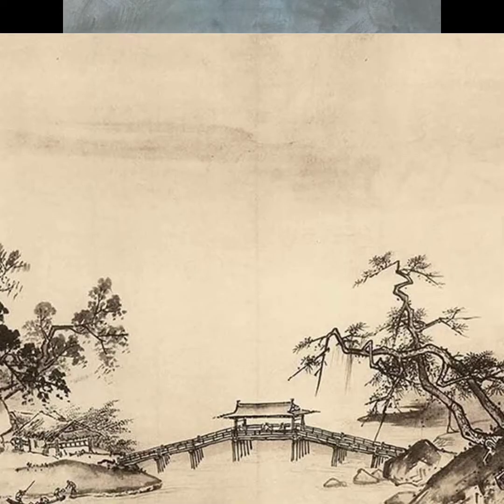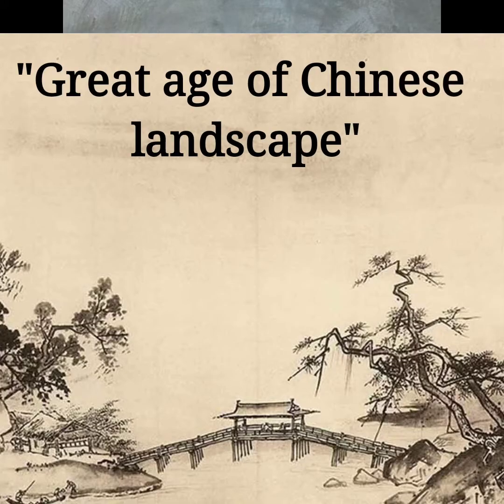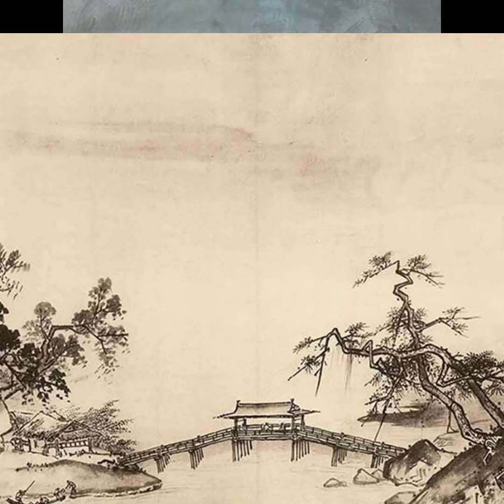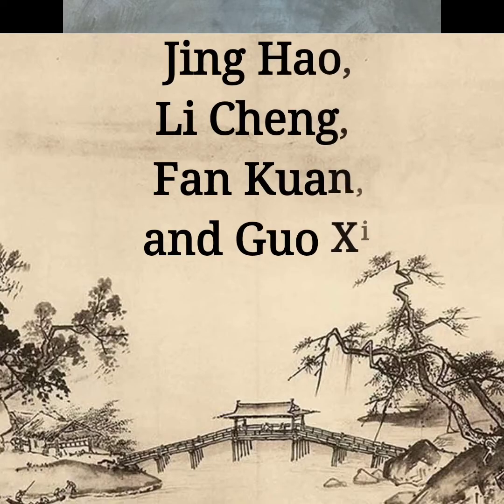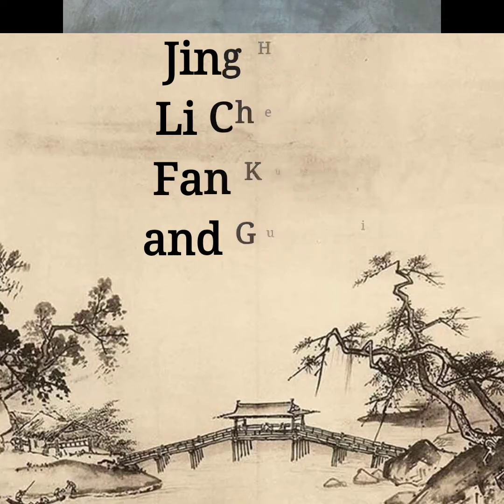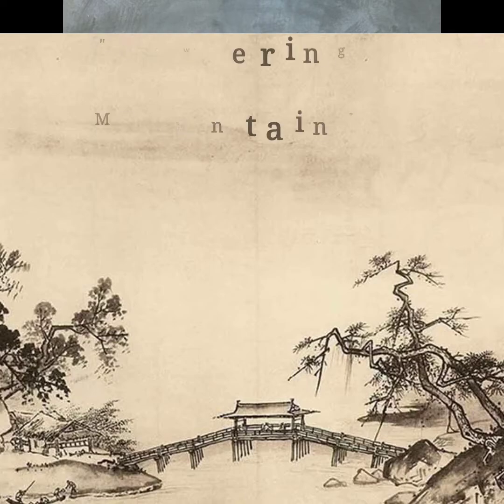The highest form of Chinese painting is the landscape painting and is still generally used today. The time from the Five Dynasties period to the Northern Song period is known as the Great Age of Chinese landscape. In the north, artists such as Jing Hao, Li Cheng, Fan Kuan, and Guo Xi painted pictures of towering mountains, using strong black lines, ink wash, and sharp dotted brush strokes to suggest rough stone.